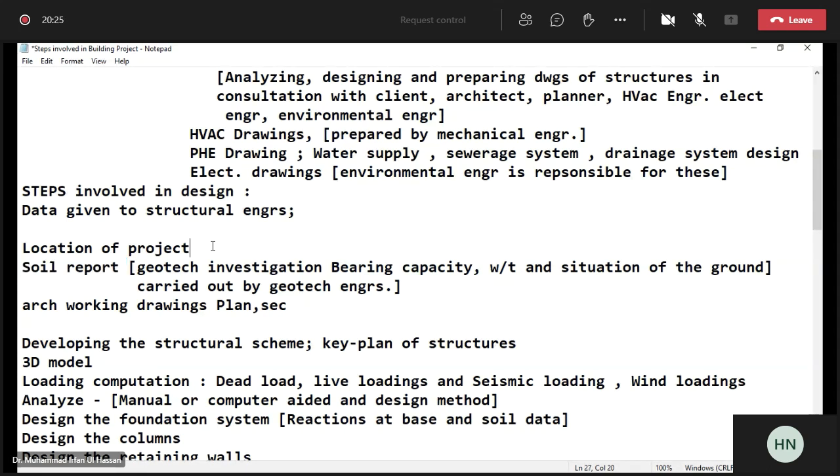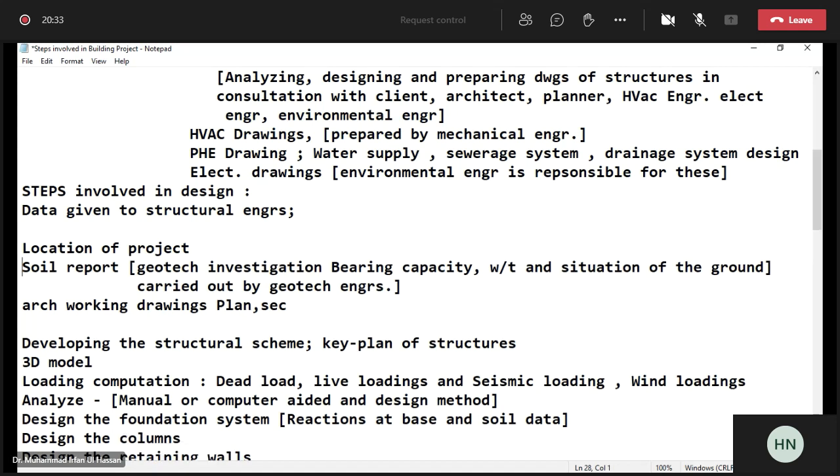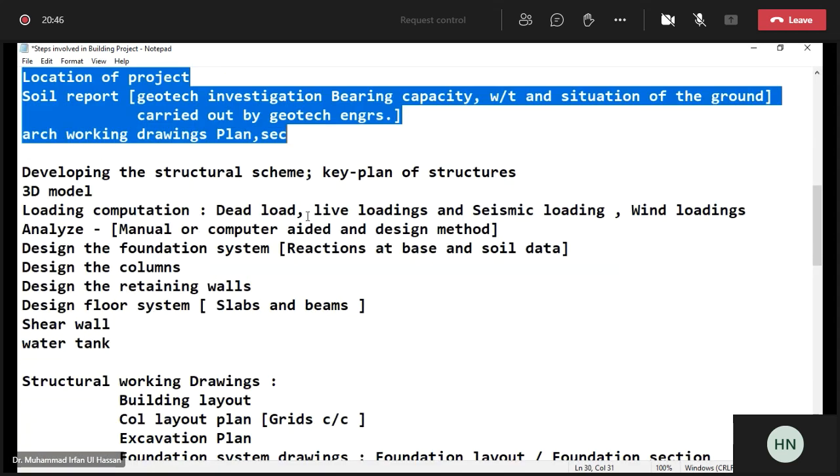Architecture working drawings are also provided, where you can see the building type, hospital or school, or a commercial project, because you have to see the loads according to the type of the building.